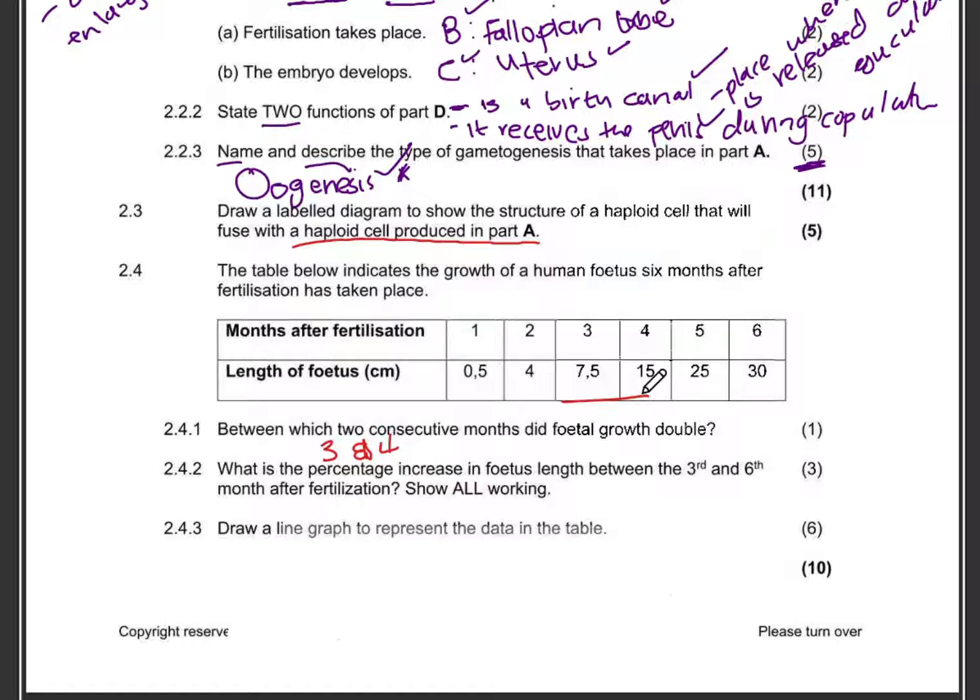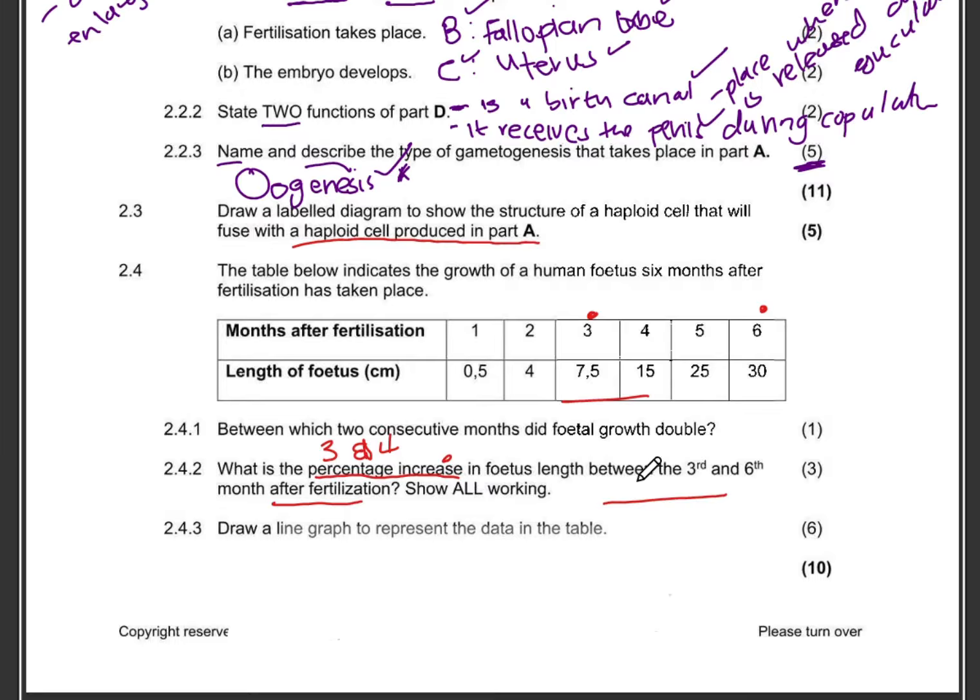What is the percentage increase in fetal length between the third and sixth month after fertilization? Show all your calculations. So let's see, what do we have at month 6?